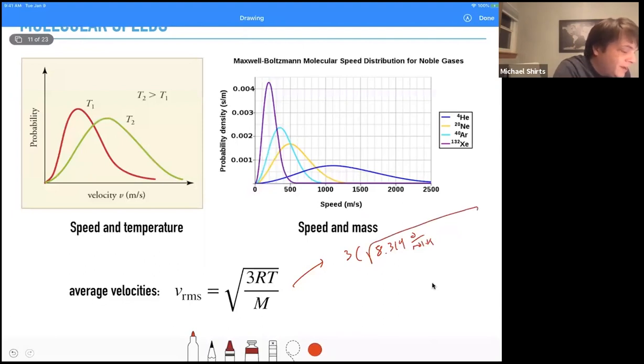Need a little more space. Times the temperature. Let's just say we haven't specified one. Let's say it's at 300 Kelvin, around room temperature.